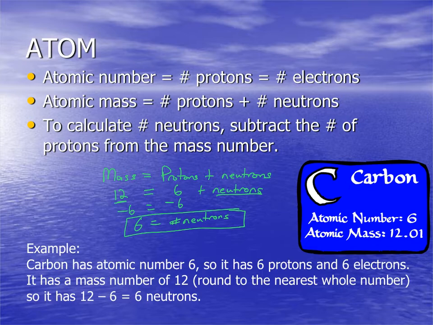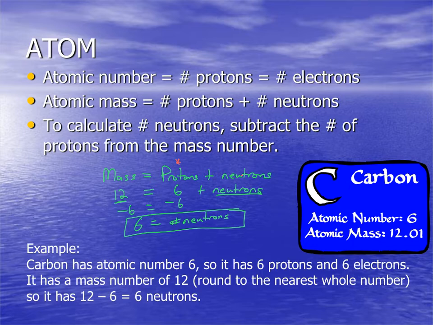That is the simplest form of the problem. But can you please pay attention to this? If I ask you for the number of neutrons, that was easy. If I ask you for the proton number and I give you the number of neutrons and the mass number, you should be able to find that. If I give you a number of protons and neutrons, you should be able to find the mass number.